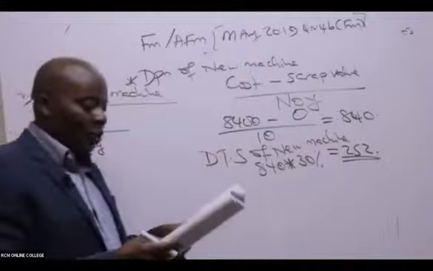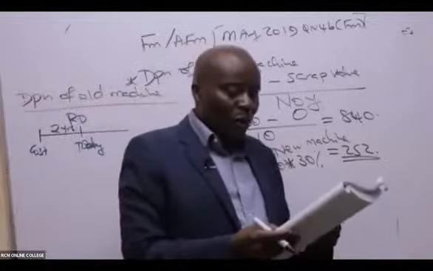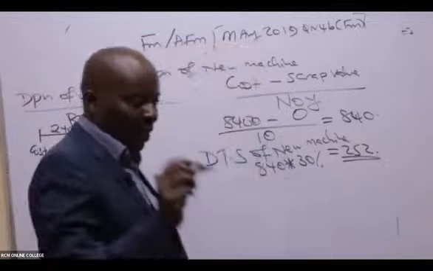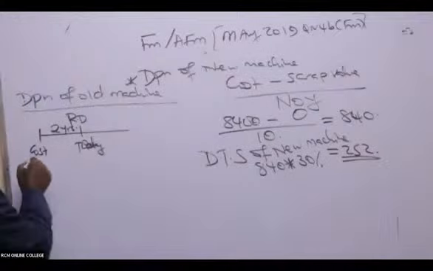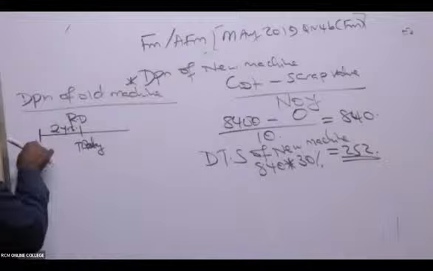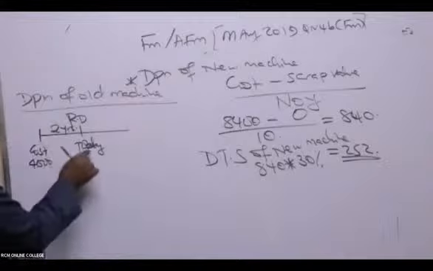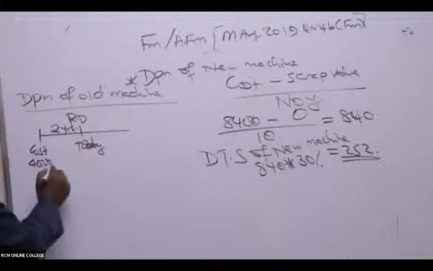This existing machine was acquired 2 years ago at a cost of 4,000. Remember, we are cutting the 3 zeros. So then I would want to move this machine from 2 years ago to today. So then I need to get the depreciation first of all.